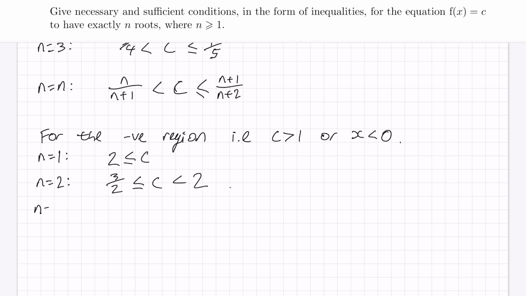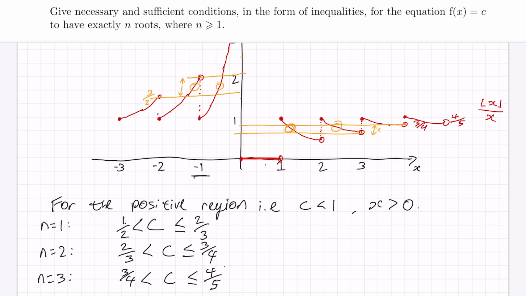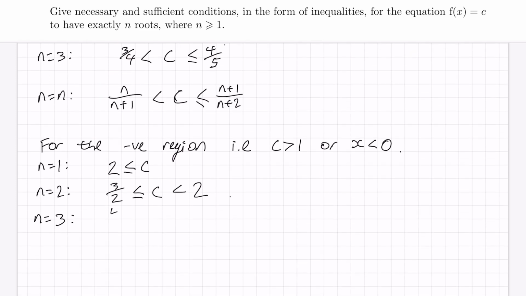Okay, n equals 3. If I was to continue drawing, this would be 4/3 that it goes up to, like this. Again, just using the equation, so this would be 4/3. So I need it between 4/3 and 3 over 2, so 4/3 less than or equal to c less than 3 over 2.